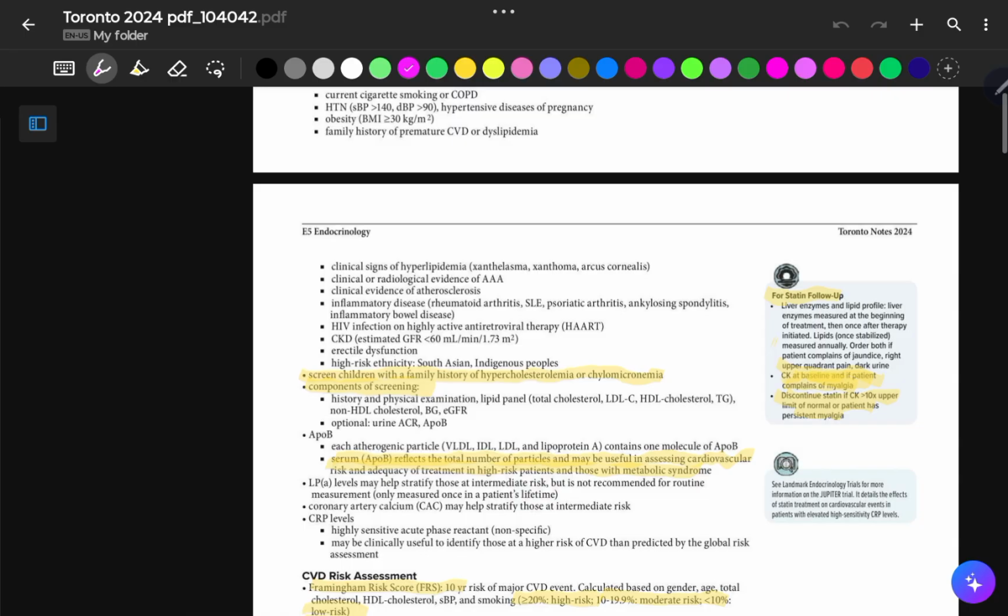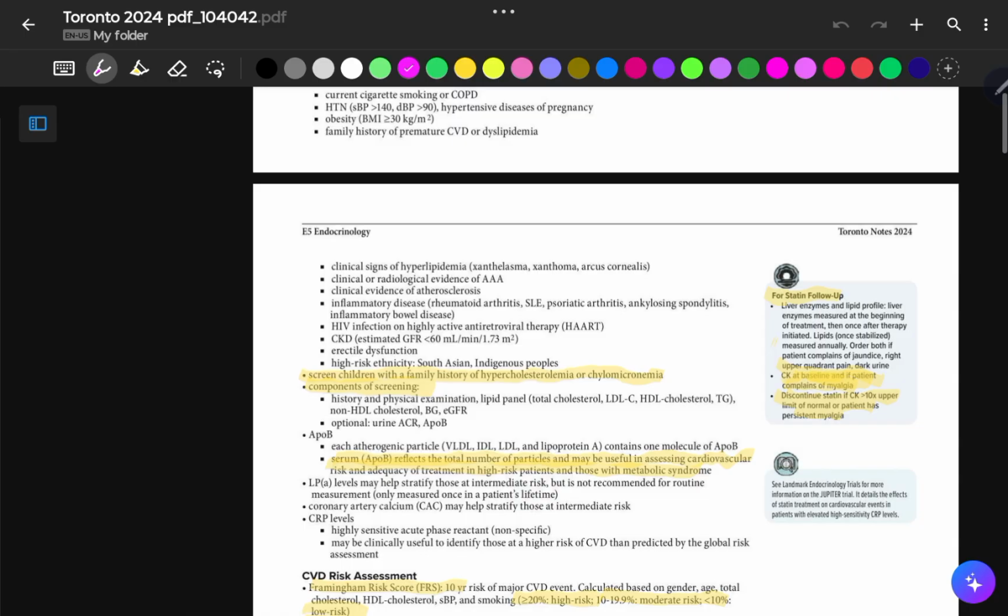Okay, so for statin follow up, liver enzymes and lipid profile. When a patient is taking a statin, you want to measure the liver enzymes at the beginning of treatment, then once after the therapy is initiated and stabilized, you want to measure it annually, except if the patient presents with jaundice, right upper quadrant pain or dark urine.